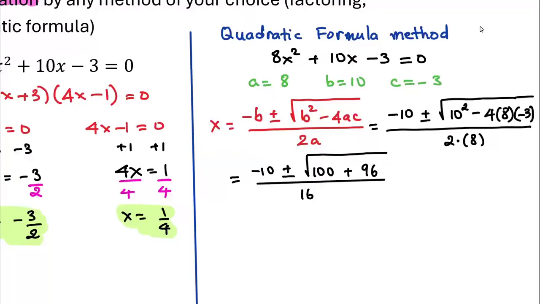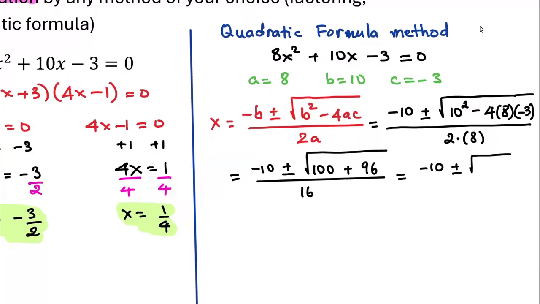Okay. Keep going. We have -10 plus or minus. Inside the square root, I have 100 plus 96 equals 196. Do you know what is the square root of 196? That's 14.